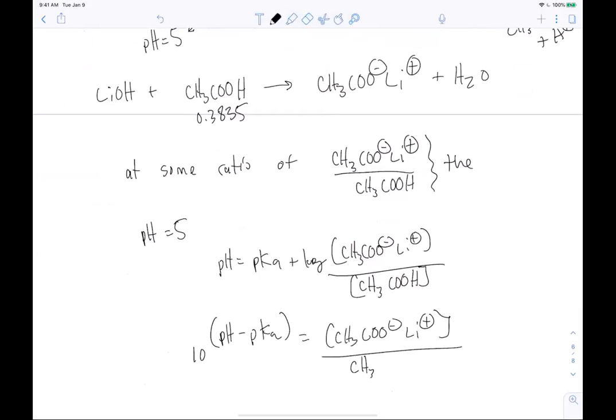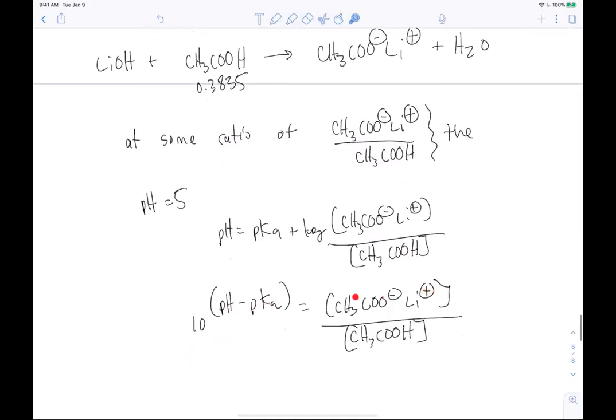So if we plug in the values for the pH and the pKa right here, and raise them to the power of 10 to get rid of the log, it'll give us the ratio of these two components in solution that we need. And so 10 to the 5 minus 4.74 equals 1.8.